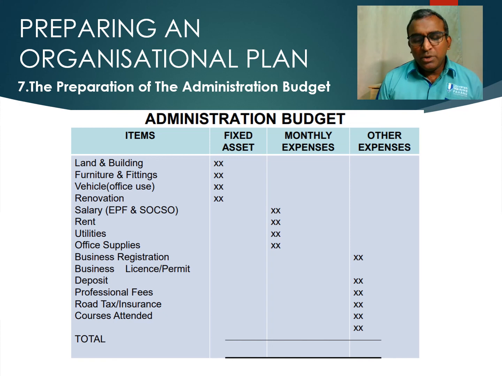All that you need to predict. But once you self-sustain, then it can be done annually. Okay. You also have other expenses like deposit for the utility bill. If it's a new company, new premise, then you have to pay some deposit to TNB to start off.